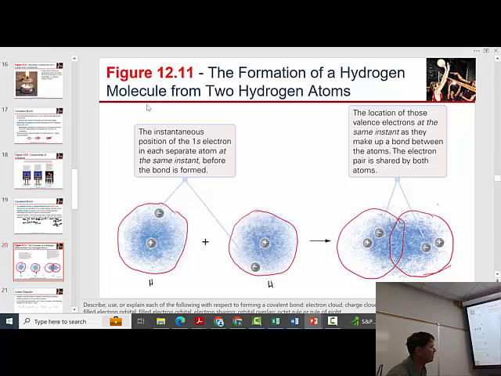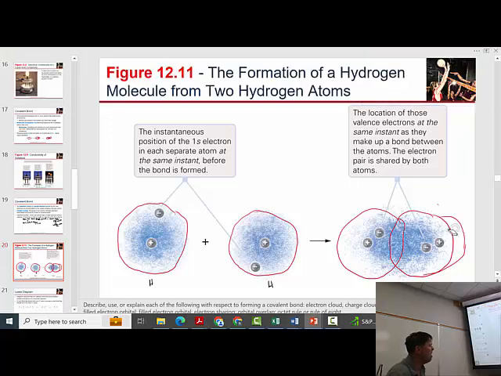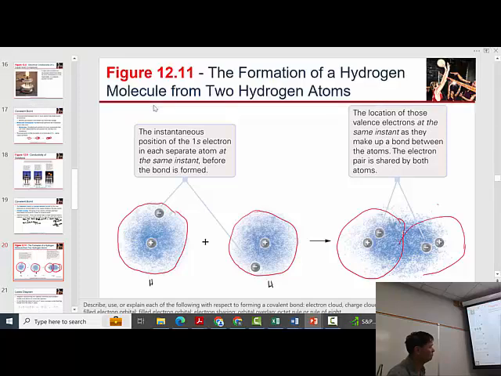Actually, this is not right. I was looking at that. It should be like that. So we have a much greater density of dots here. And that means there's greater negative charge here from the electrons.